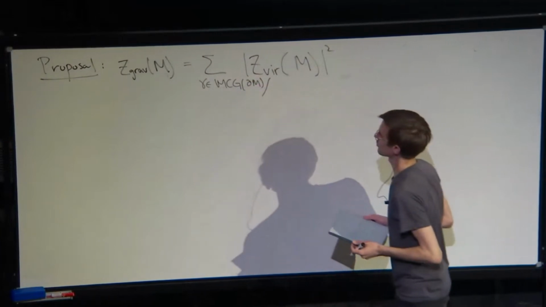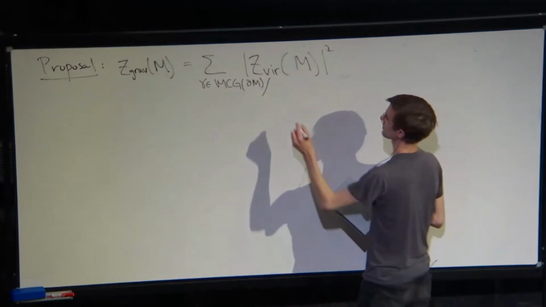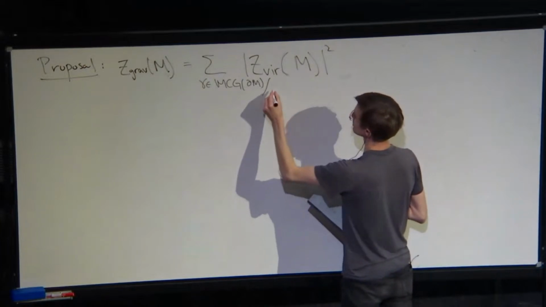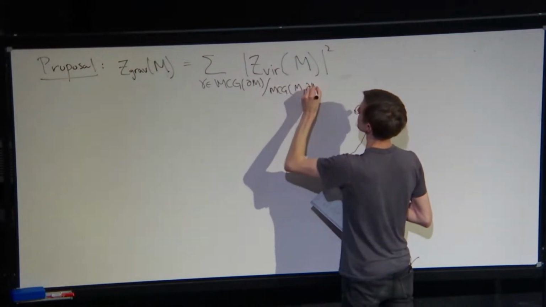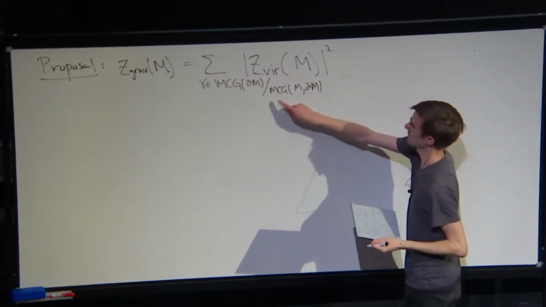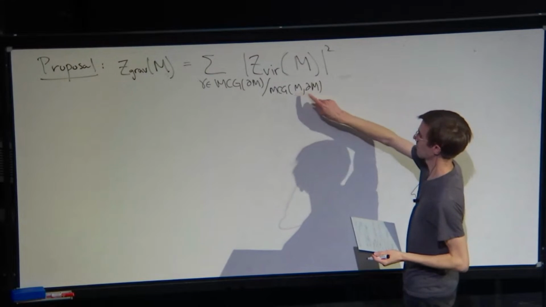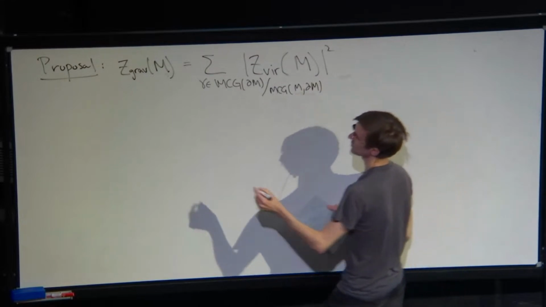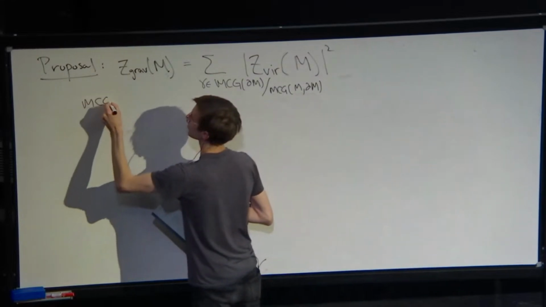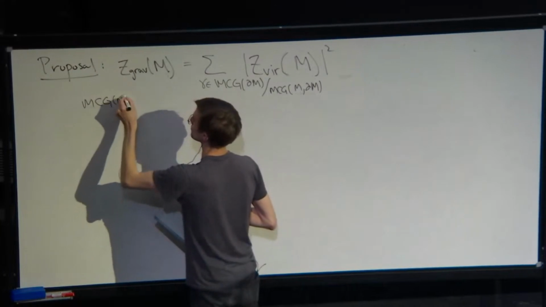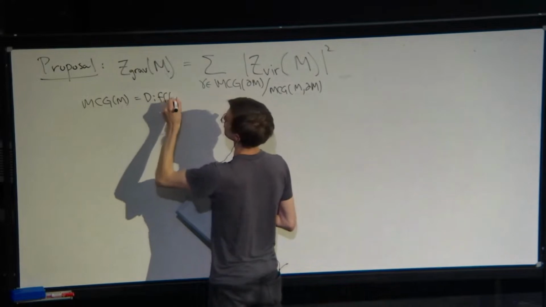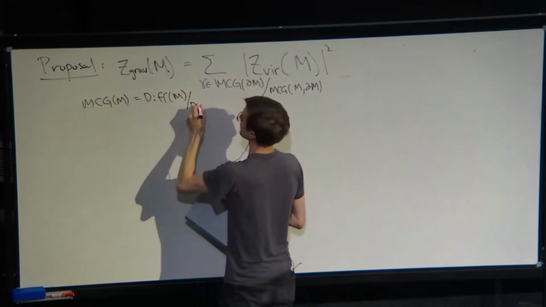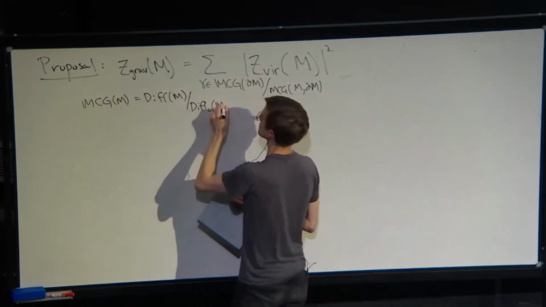But I told you that in gravity, the bulk mapping class group is gauged. So you have to mod out by this mapping class group of the bulk that preserves the boundary components. So that's what I mean by this mapping class group M dm. And just to remind you, the mapping class group of some space M is the space of diffeomorphisms modded out by those continuously connected to the identity.